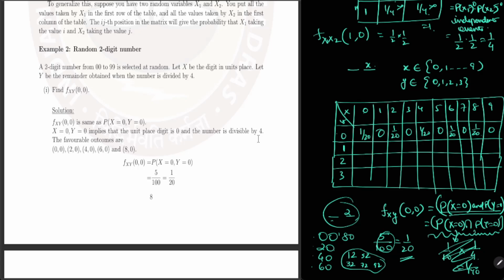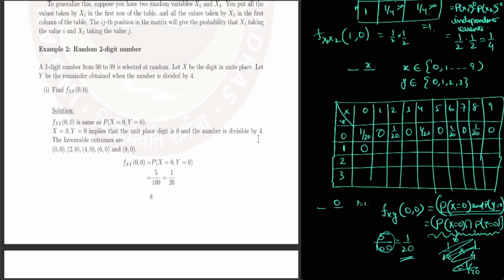Now if x is 0 and y is 1, the remainder is 1. I think this will be 0, we will not get any number.